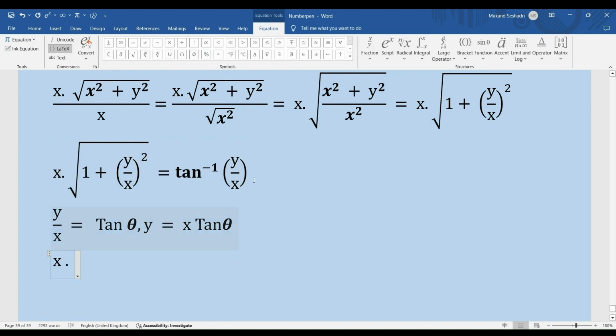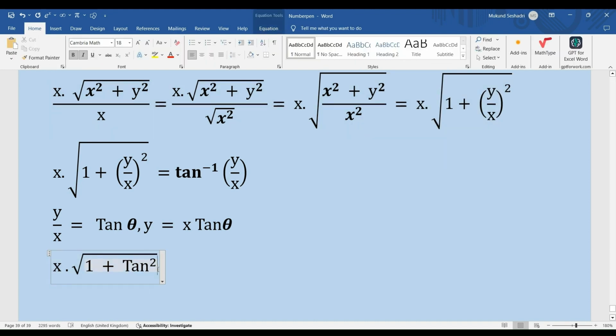And when I do a square root of 1 plus y by x the whole square, what do I get? My y by x is tan theta, right? So I get 1 plus tan square theta, right? So what I've actually done is I've eliminated my y and I have an expression in terms of x and theta, right? And then I have on my RHS a tan inverse of tan theta.